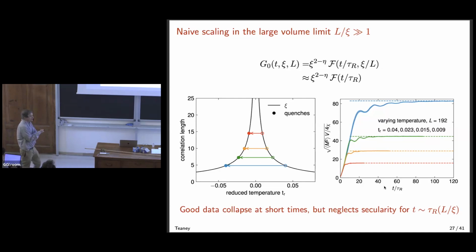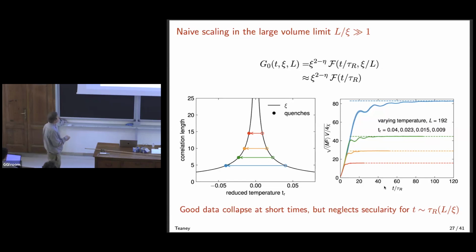Then you say, I'm considering super large volumes, large compared to the correlation length. So a super naive guy would say this is 0, so I should just put it 0. Then I have just a function that depends on time in this way. And so we plotted this function as a function of t over tau r, hoping to find a universal curve.